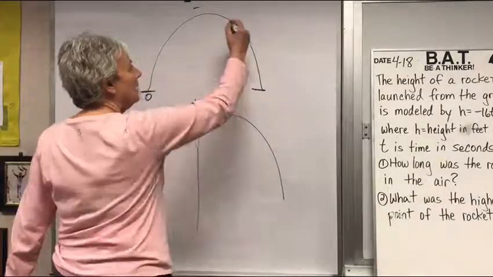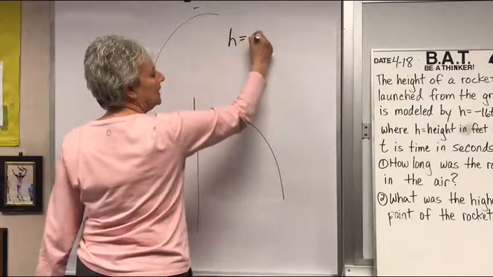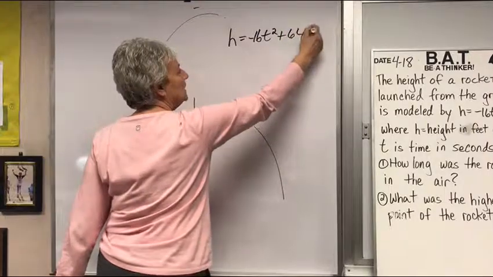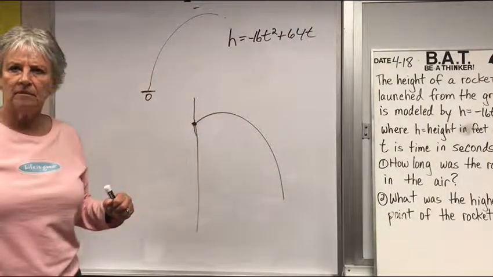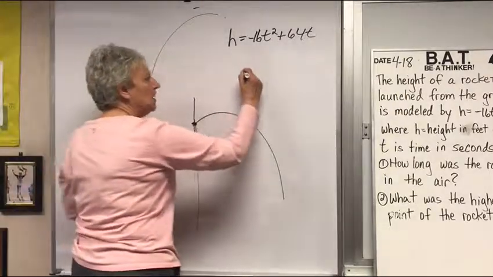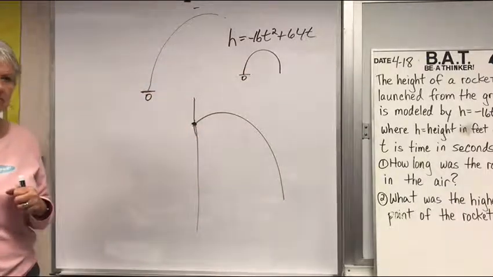So for the story problem I just gave you, you have h equals negative 16 t squared plus 64t. Now, what is the y-intercept? 0. C is 0. That means this parabola starts at 0, 0.